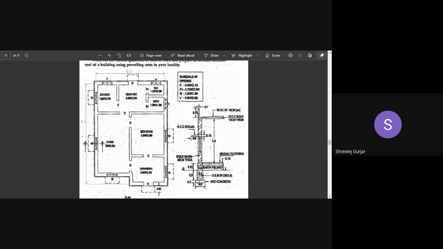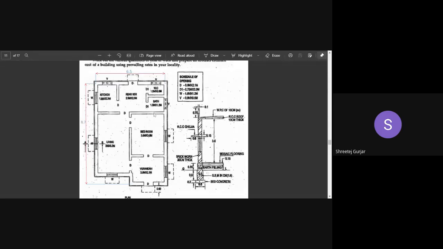Five windows W, which are 1 meter in width and 2.1 meter in height. The ventilators are 1, 2, and 3 in number, and the size is 0.9 meters in width and 0.6 meter in height.